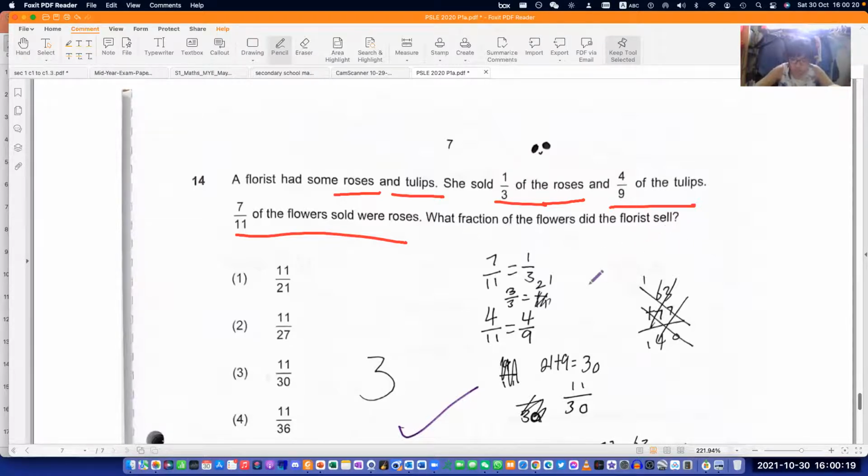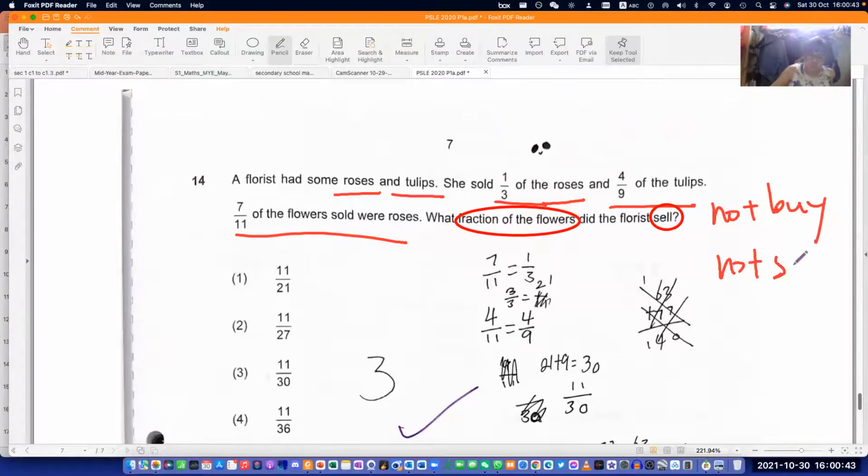So in this case, the keyword is what? The keyword is fraction of flowers and sell. So not buy, not left. Understand me or not? Not buy, not sell.